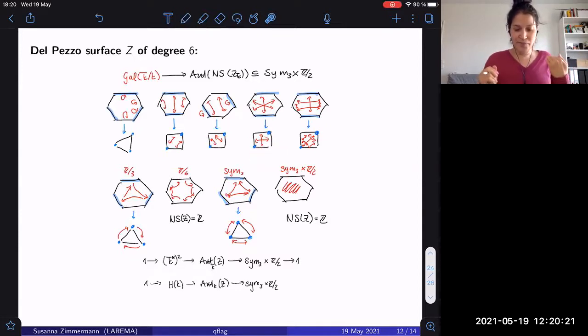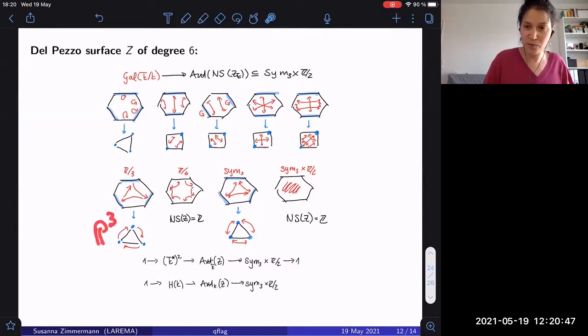Now we have a Klein 4-group, and here we have an orbit that consists of 2 disjoint sides. We can contract it, and we end up on yet another quadratic surface. Then we have a rotation of order 3. We contract one orbit of 3 sides, and we end up on P2, where we blew up a point that is a Galois orbit with 3 elements.